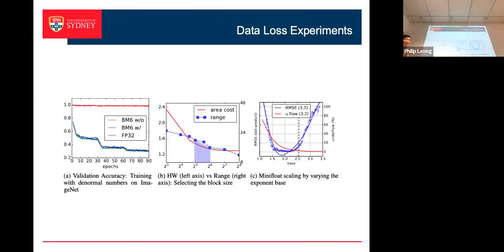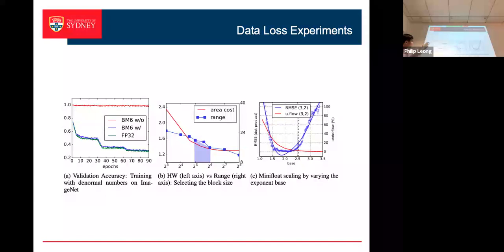Now, here are some experiments that we ran to validate the design choices. This first one shows the effect of denormal numbers. This is epochs versus the loss value.